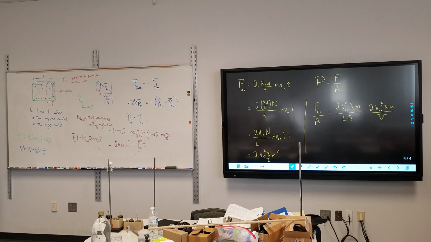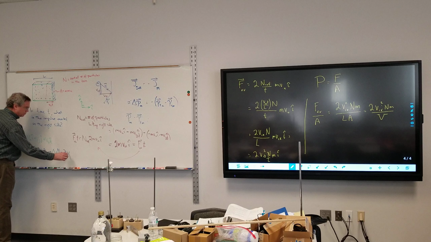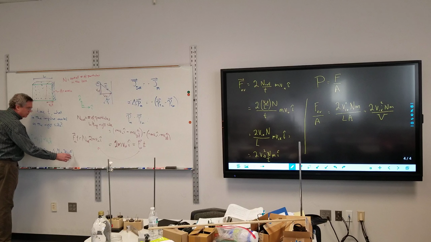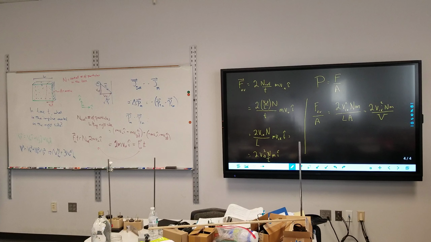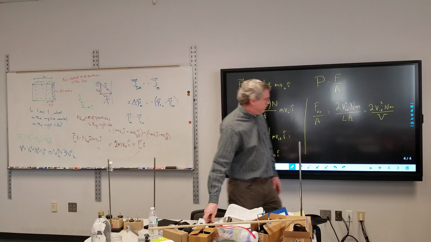Now, there's no reason to think that there's any preferred orientation here. It is just as likely to be moving to the right as up, down, left, right, back, forth, etc. So on average, my average of my square is just going to be 3 times any one of these squared. In other words, v_x squared is just a third of the speed squared.